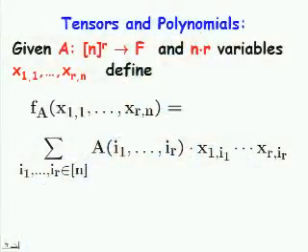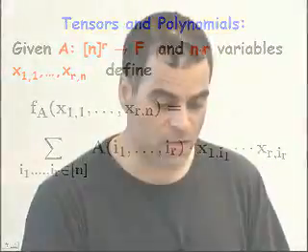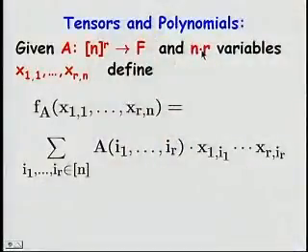Given a tensor A from F^(n to the r), and nr input variables, x11 to xrn, I can think of these nr variables as partitioned into r sets of n variables each, and define a polynomial f_A in these nr variables that corresponds to the tensor A as follows.